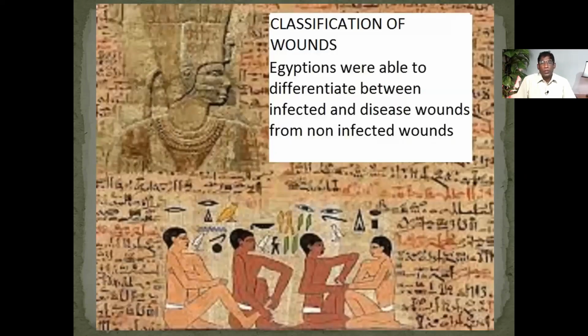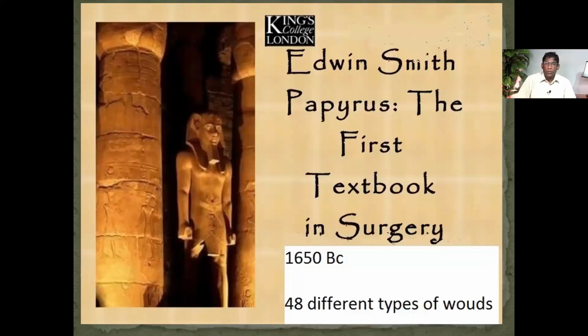So, classification of wounds. This dates back to Egyptian times, where Egyptians were able to differentiate the infected and diseased wounds from the non-infected wounds. The Edwin Smith Papyrus, the textbook of surgery from 1650 BC, described 48 different types of wounds.